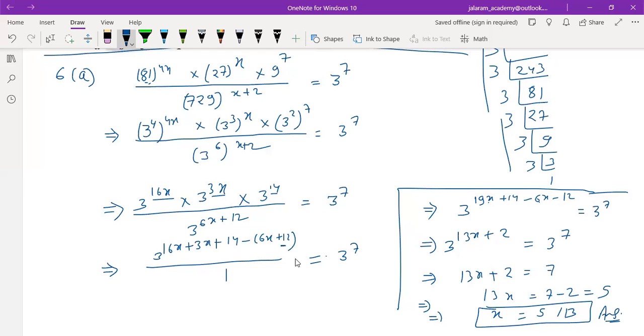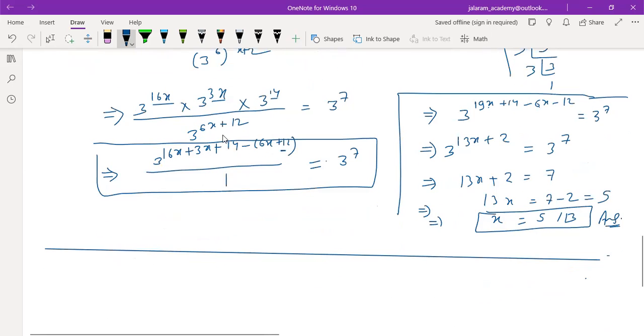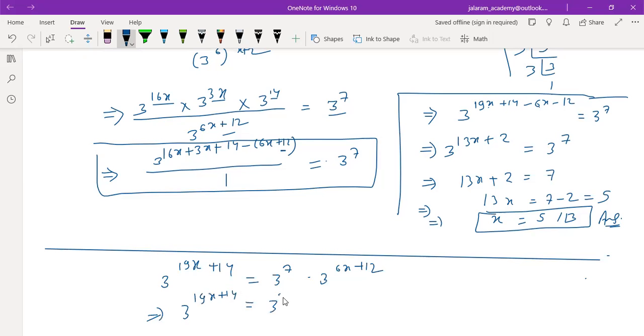And after this, if we cross multiply the denominator with the right hand side, we get 3 to the power 19x plus 14 equals 3 to the power 7 into 3 to the power 6x plus 12. On comparing powers, 19x minus 6x, 13x equals 19 minus 14, 5. So it is also giving the same answer. Okay, no problem doing it with that method also.